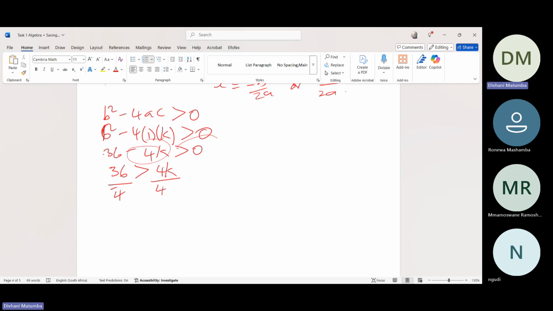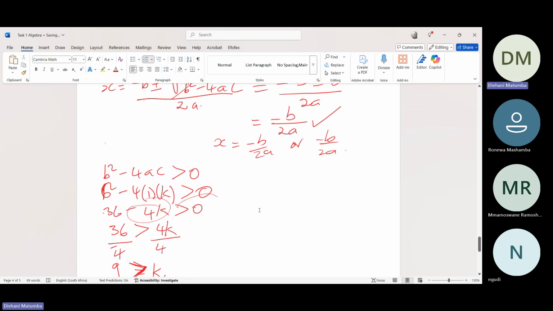It's 9. 9 is greater than k. Or you can write it as k is less than 9. So this is easy.